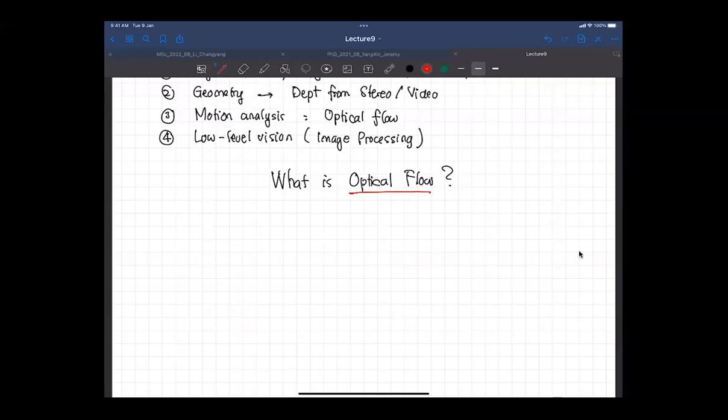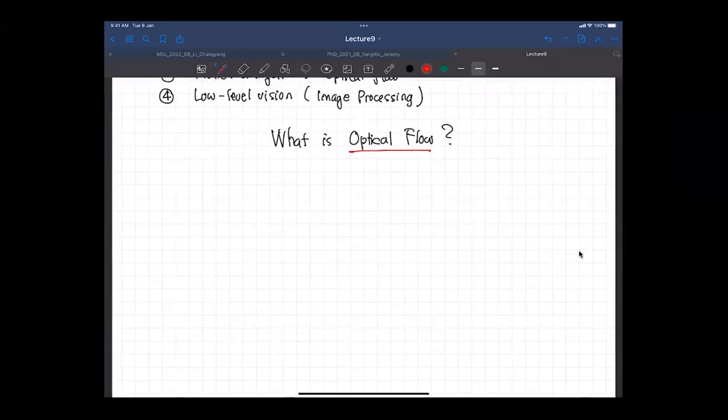Right. So specifically, optical flow is about the apparent motion. So this is about apparent motion. I'll explain further what is meant by apparent motion. Apparent motion of brightness pattern.